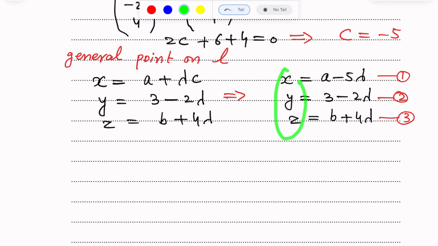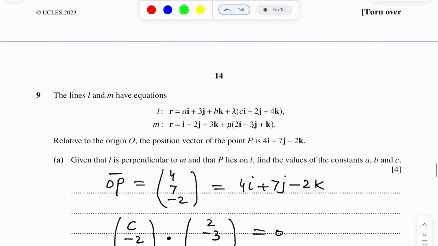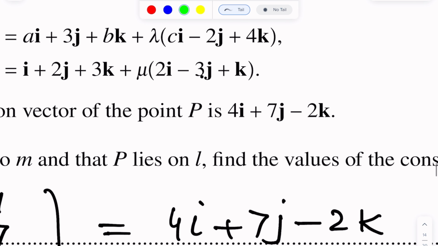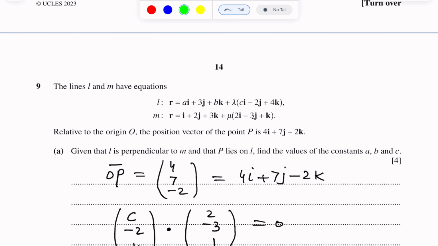Now, x, y, z, which are given in terms of lambda, are the coordinates of point P that are given: 4i plus 7j minus 2k. This is the position vector of P. The coordinates will be 4, 7, minus 2.